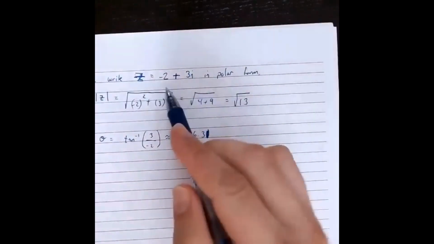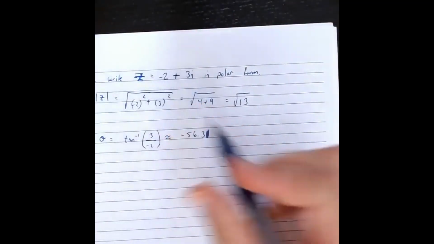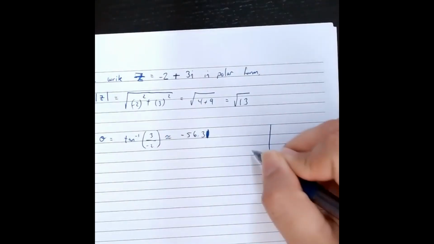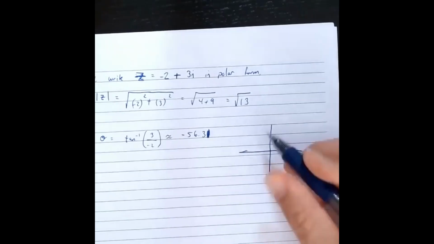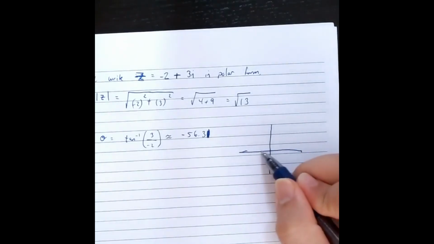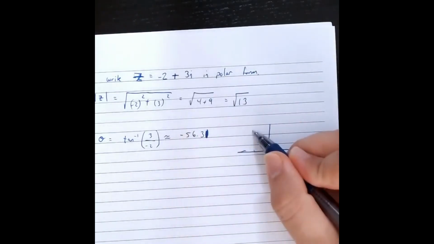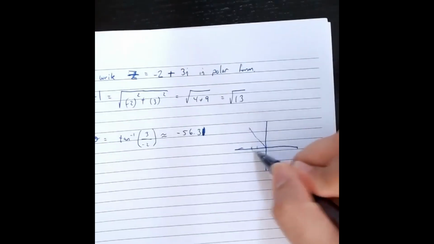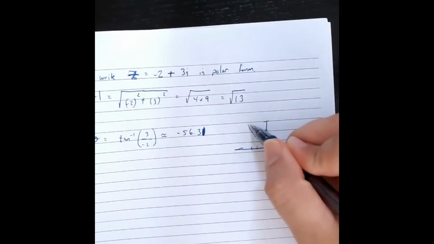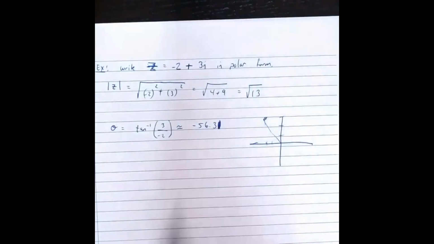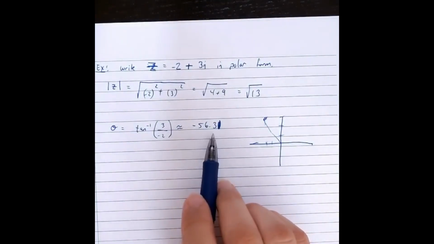Now, notice that this complex number rests in the second quadrant, which is, here, I went left by 2 and up by 3. So I'm over here somewhere, right? Left by 2 and up by 3. But notice that my angle is negative 56 degrees.